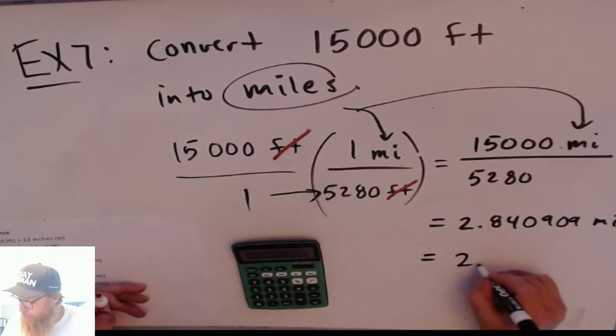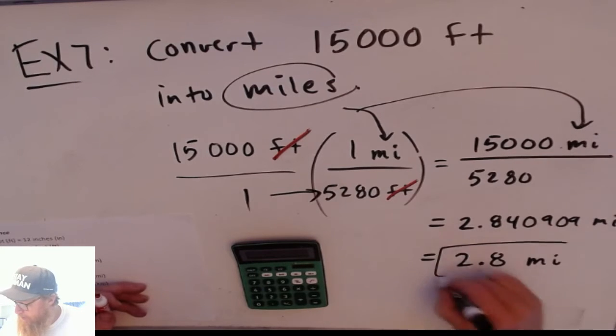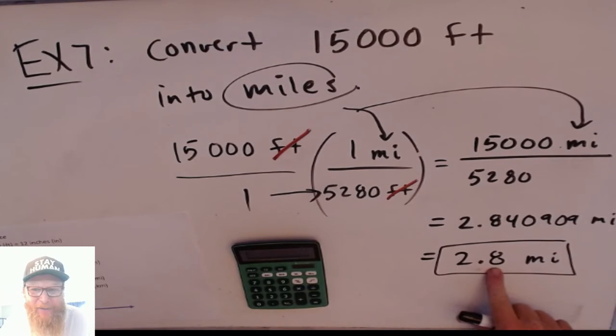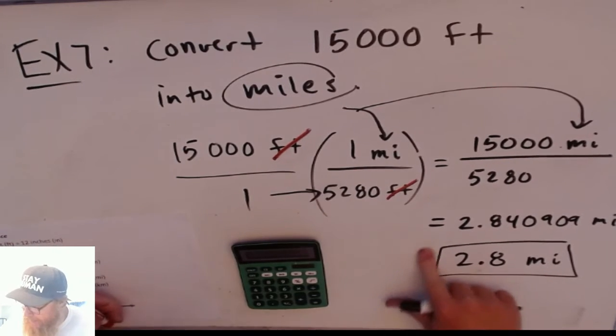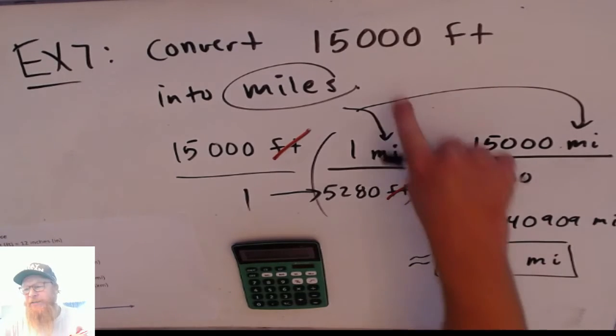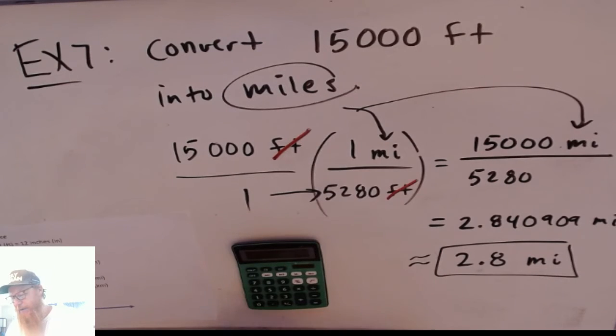Let's just round to 1 decimal place. So just like you would do on your car. If you look when you're driving, you look at the odometer, it only goes to tenths of a mile. So we'll just say 2.8. I'll use the squiggly approximately 2.8 miles. So 15,000 feet is approximately 2.8 miles.